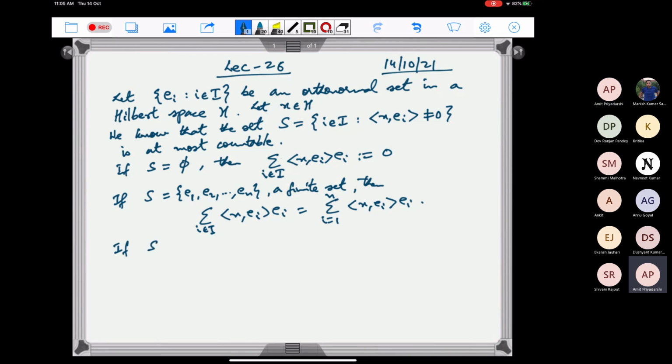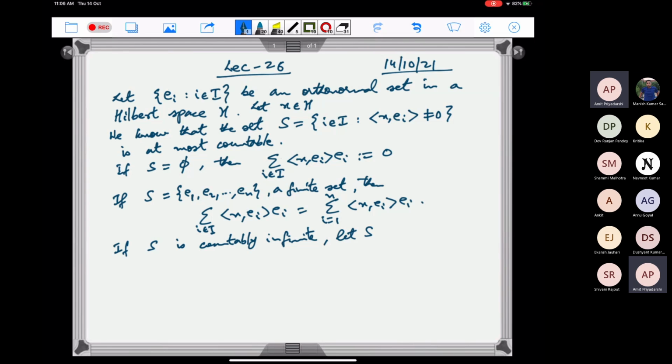Yes, if S is countably infinite, we can enumerate this set S as some e_1, e_2, and so on.